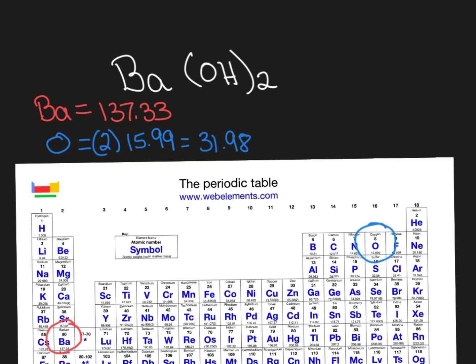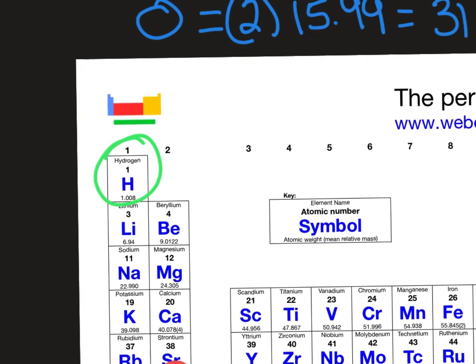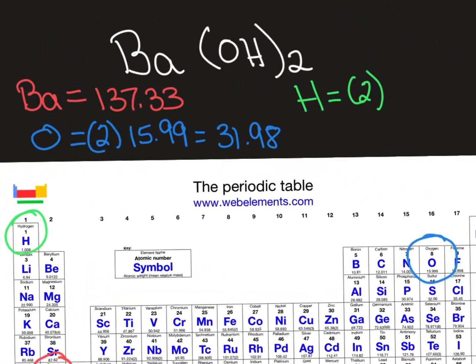All right, our last atom to look at would be hydrogen. So let's look at hydrogen on the periodic table. There's 2 hydrogens, 2 atoms of hydrogen, so we'll put that 2 there so we know to multiply the mass by 2. And hydrogen is number 1, and its mass is 1.008.